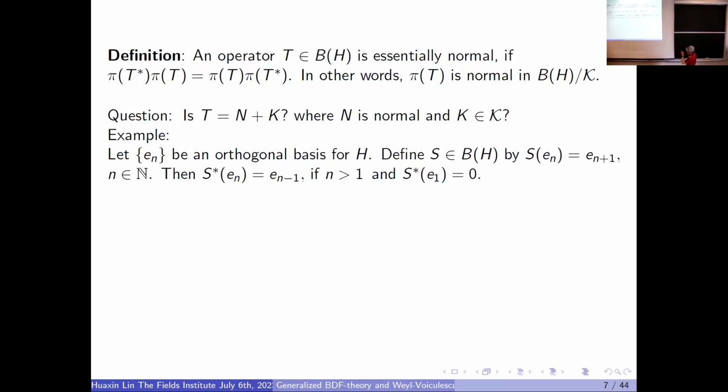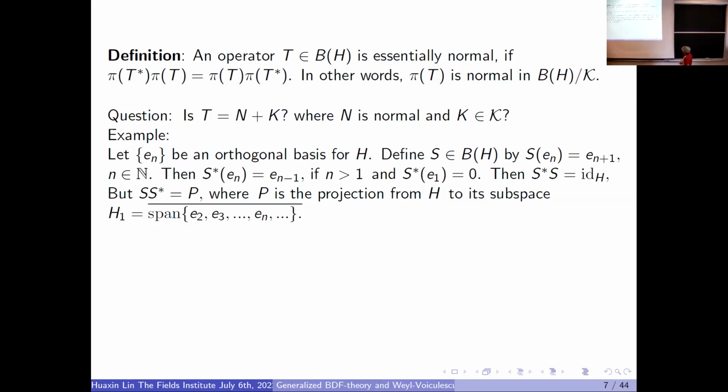S star has a kernel. So S star S is the identity, and S S star is a projection that misses e_1. The difference is a rank 1 projection.